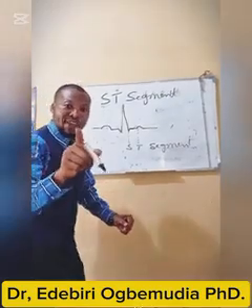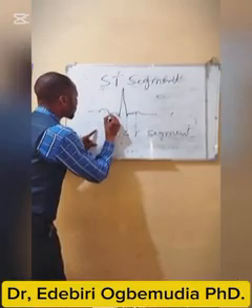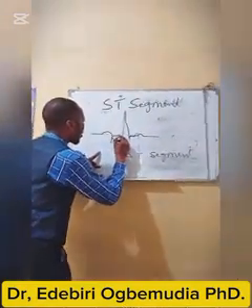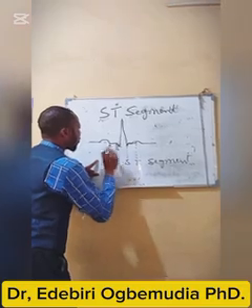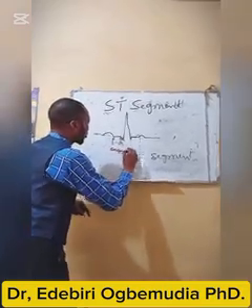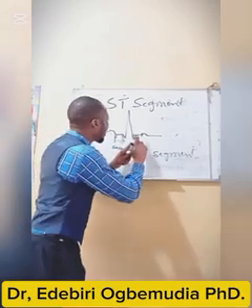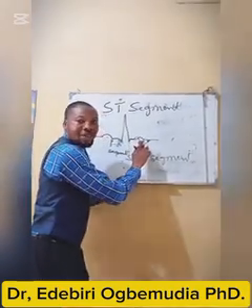So, the first isoelectric line is the PR segment. This is the first isoelectric line, and this is the second isoelectric line.